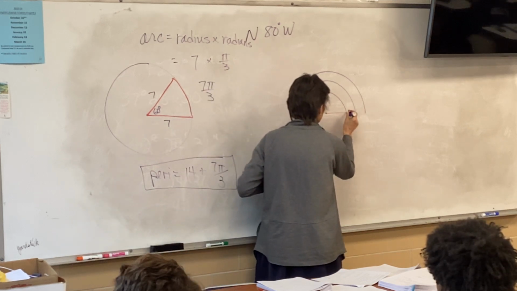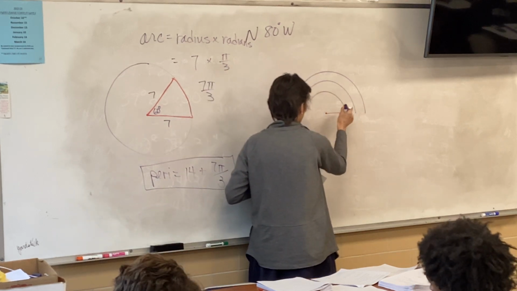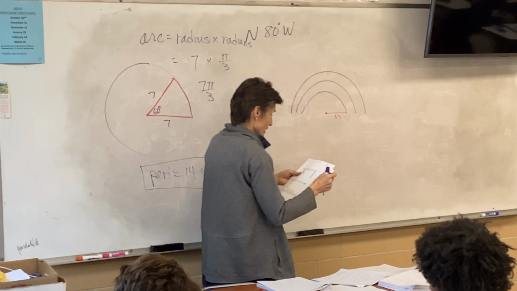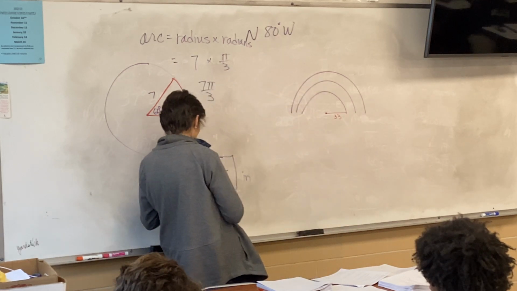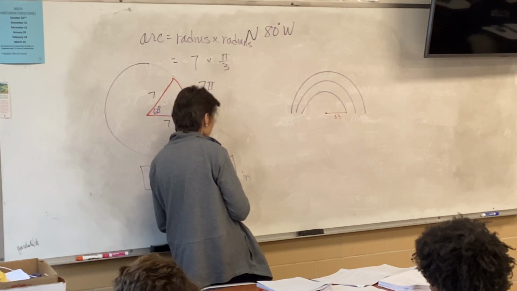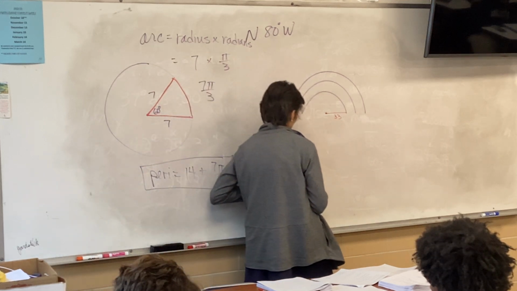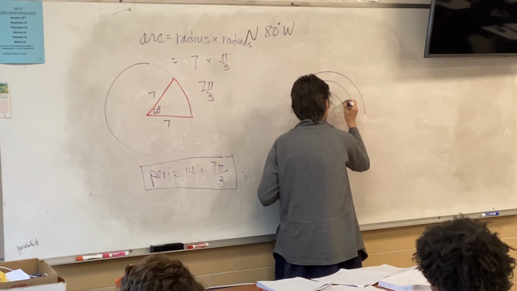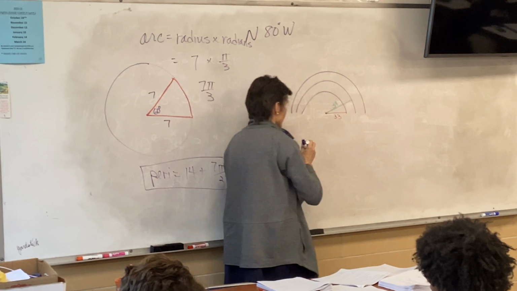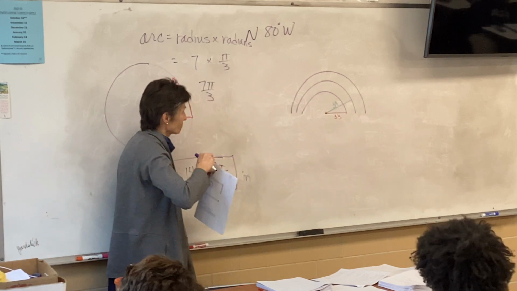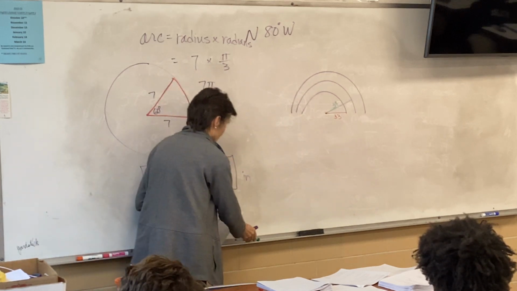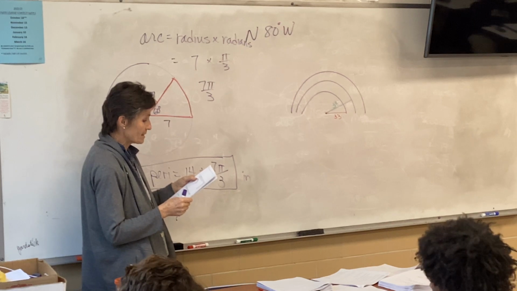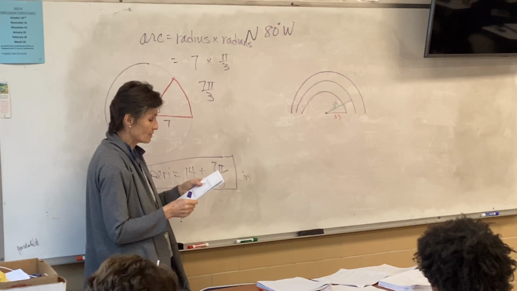So this is the inside radius of lane 1, and it's 33. And then the inside radius of lane 2 is 34.